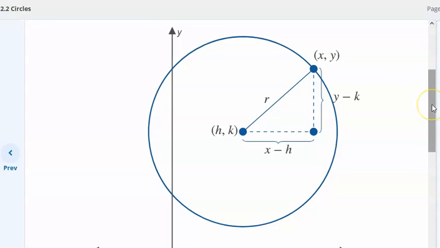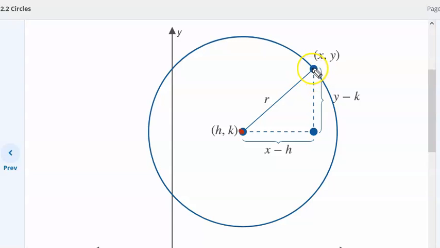So let's pause and look at this and a few things that you already know. There was our center of the circle here, and a line from the center of the circle to its outer edge, which we say is the circumference, is the radius.